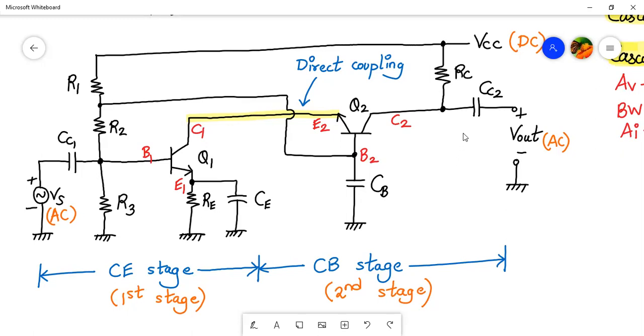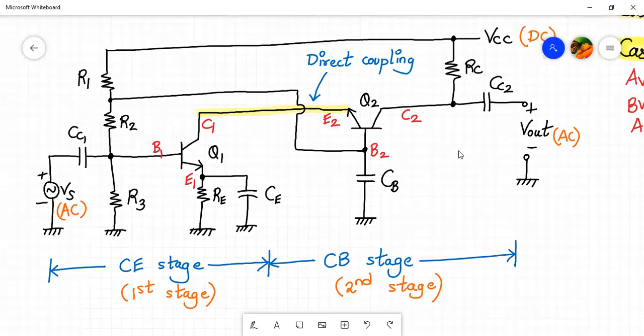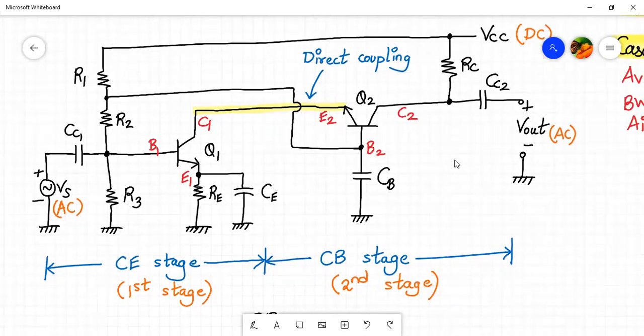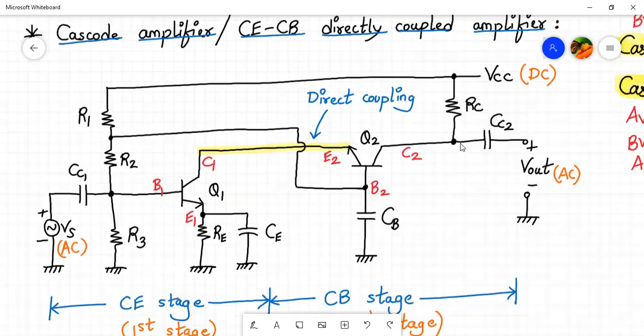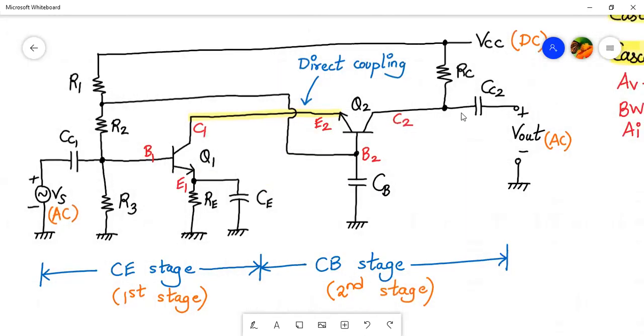Now, other details about how this is working and what all things we have to find out. First of all, we have to focus on the DC analysis. There are two alternate circuit structures. This is one circuit diagram for a cascode amplifier. Here it will work as an amplifier, but it will provide a very good bandwidth.